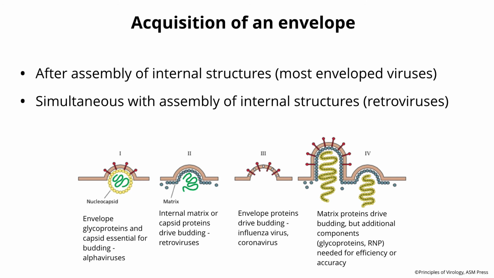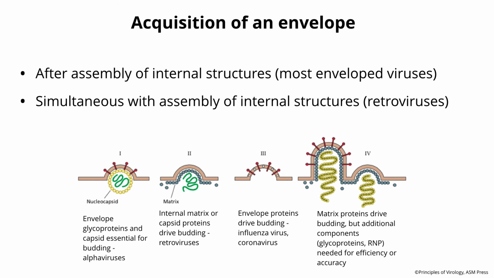But on the bottom are different determinants of budding in different viruses. It turns out that in some cases, only one viral protein is enough to form a bud. So for example, there are four different examples here. On the left, the glycoproteins and the capsid are needed for budding. You have to produce both. If you just produce one or the other, you don't get a bud form, and those drive formation of the budding particle.